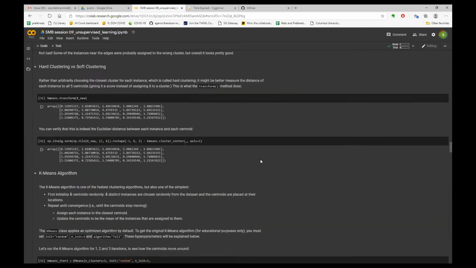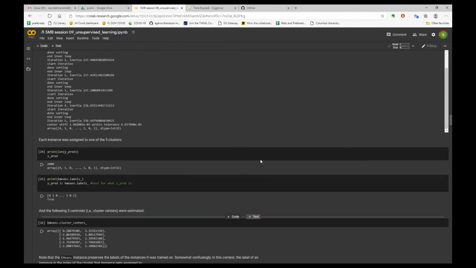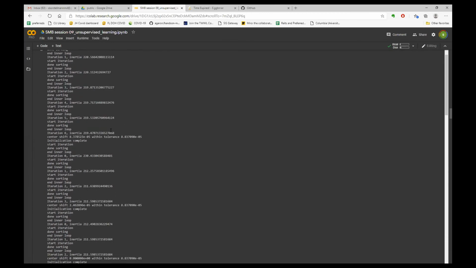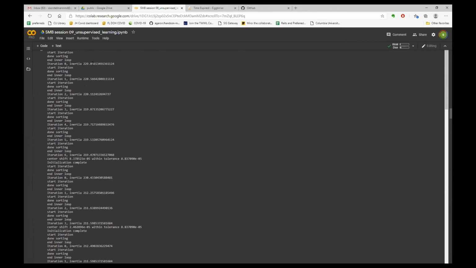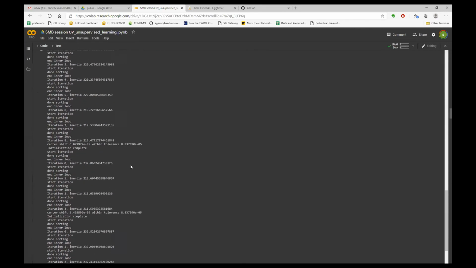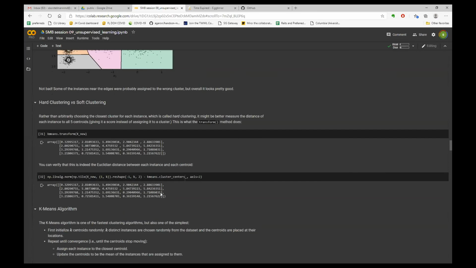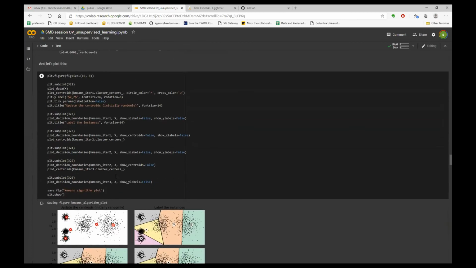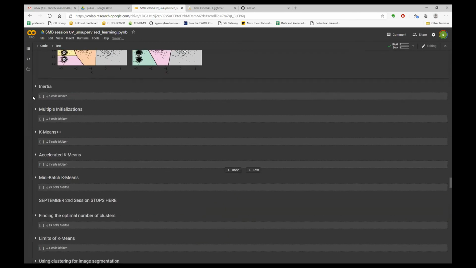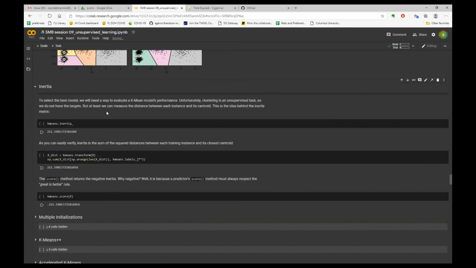Previously when I showed you this and we ran it out, it was mentioning this number, inertia. And inertia is a measure of the distance between each instance and its centroid.